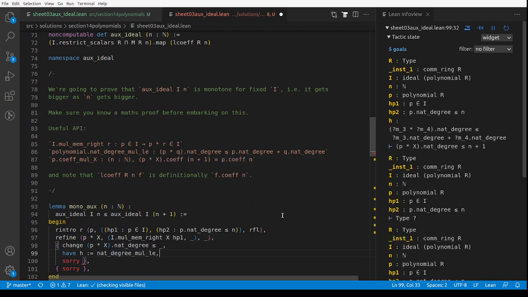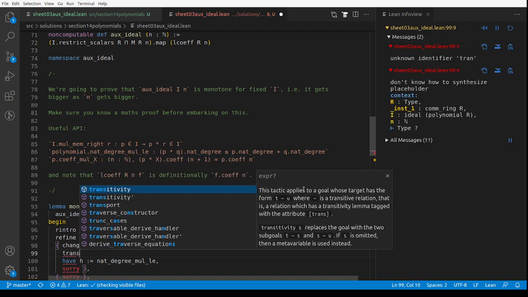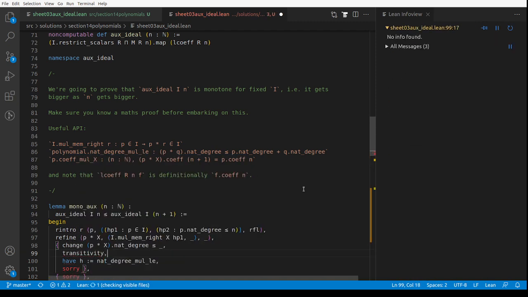Because I only need inequalities. Nat degree mul LE says the nat degree of the product is at most the sum of the nat degrees. So we can apply that next, right? We can use the transitivity tactic, if you like. Transitivity. There.